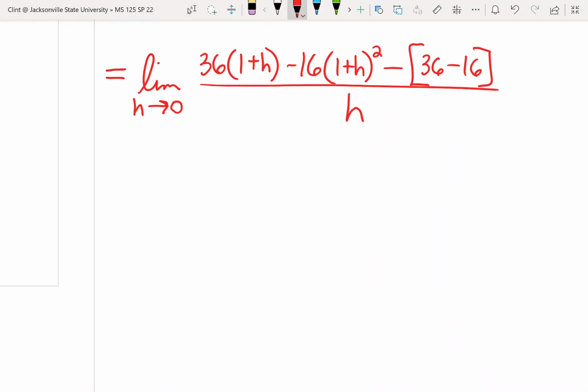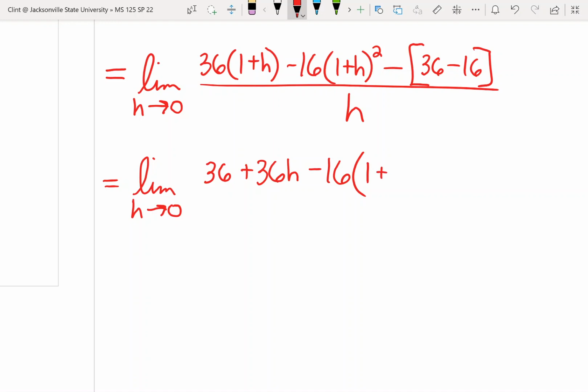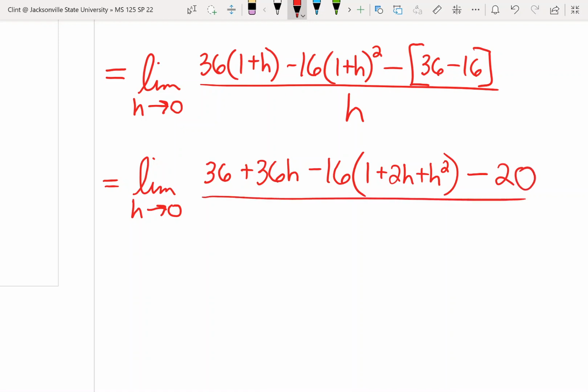So let's see. 36 plus 36h minus 16 times, we have to FOIL that out, 1 plus 2h plus h squared. And then 36 minus 16 is 20, so minus 20 each.